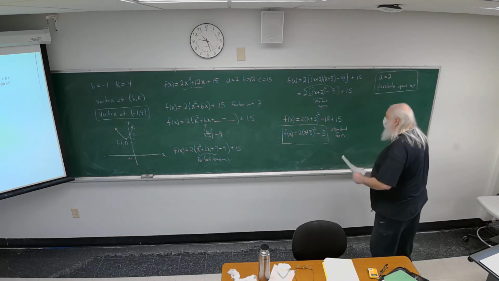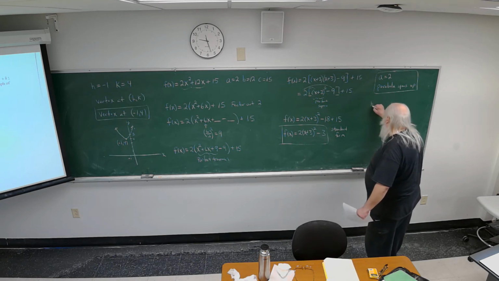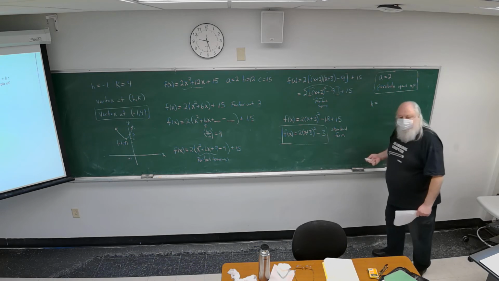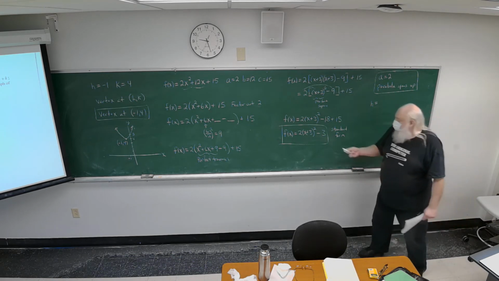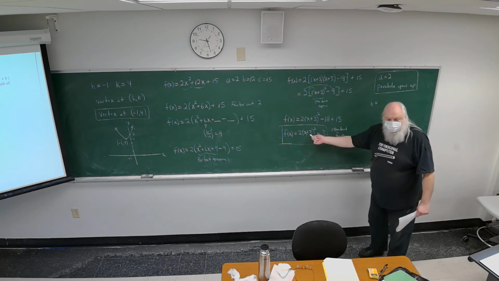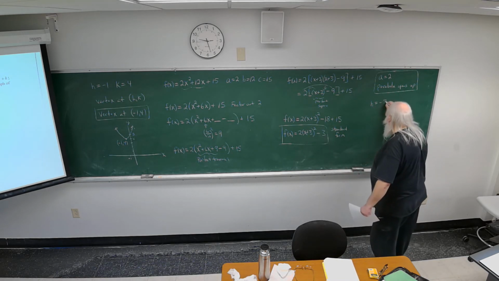Now the vertex is at the point (h, k). So what is h equal to in this case? You have to take this number inside the perfect square and change the sign, right? So h is equal to -3.